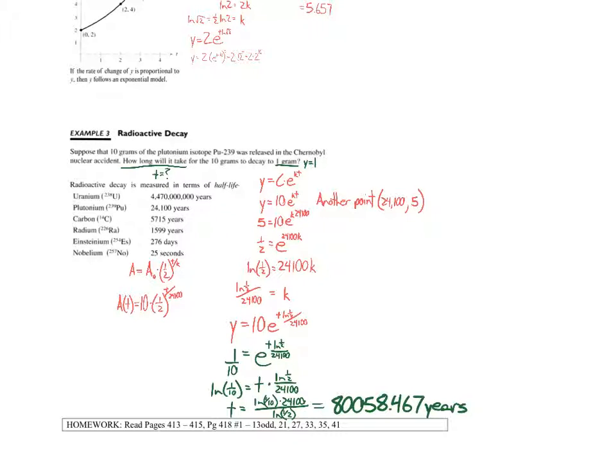For example, if you were talking about interest, let's say you didn't know what rate of interest you were making, you didn't know how much you started with, but you knew that after a year you had this much money in your account, and after 18 months you had this much money in the account. You could use those 2 with this model to figure out how much you started with and what the rate was that it was growing at.